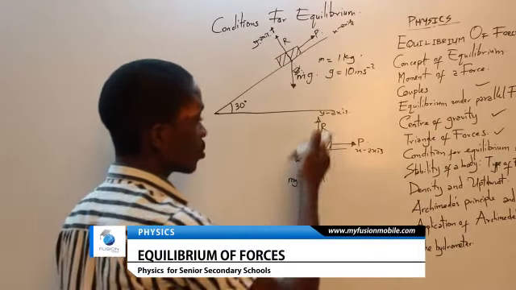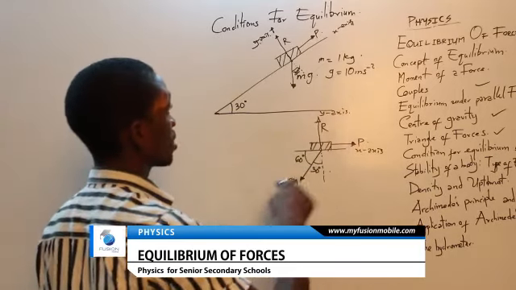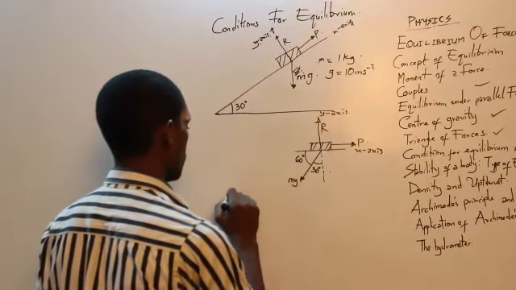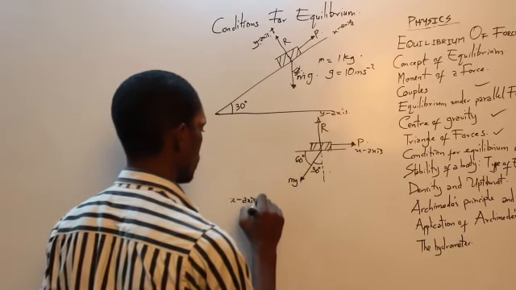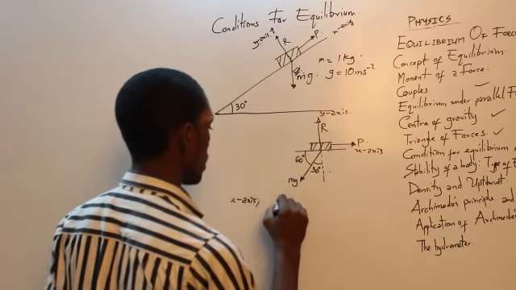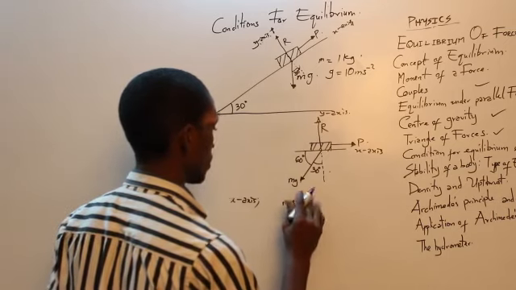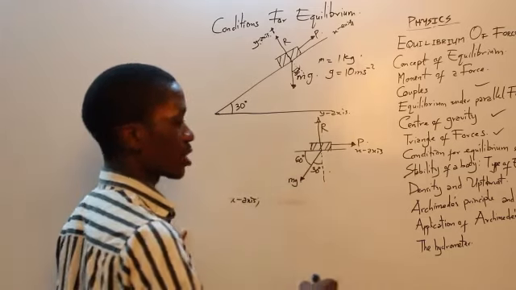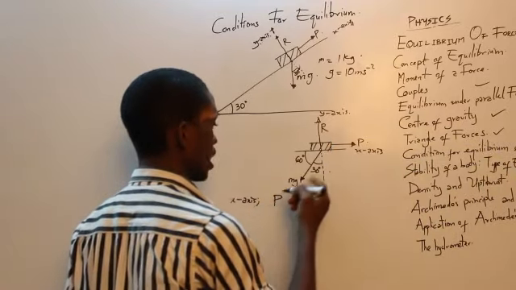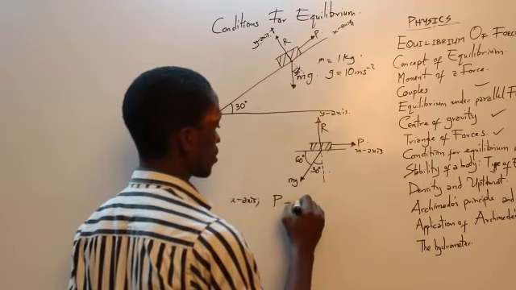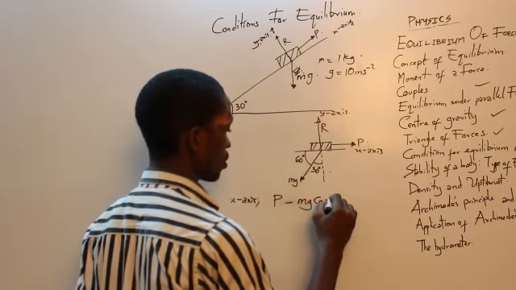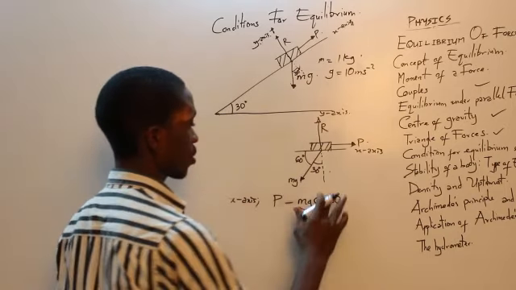So, resolving this into vertical and horizontal, I'll start with horizontal because the first question was to find P, and the second question was to find R. On the x-axis, the expression would be: this is moving in a positive direction, that is P, and this is coming in the negative direction, minus mg cos 60.